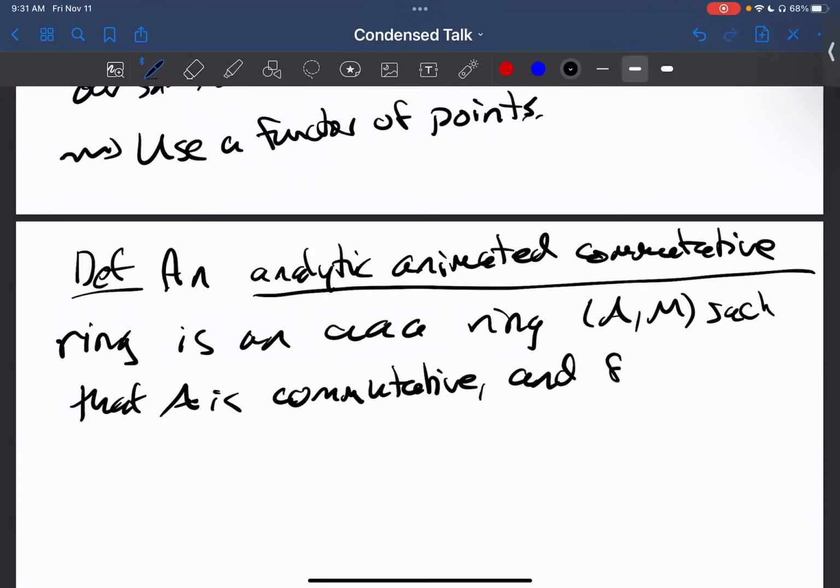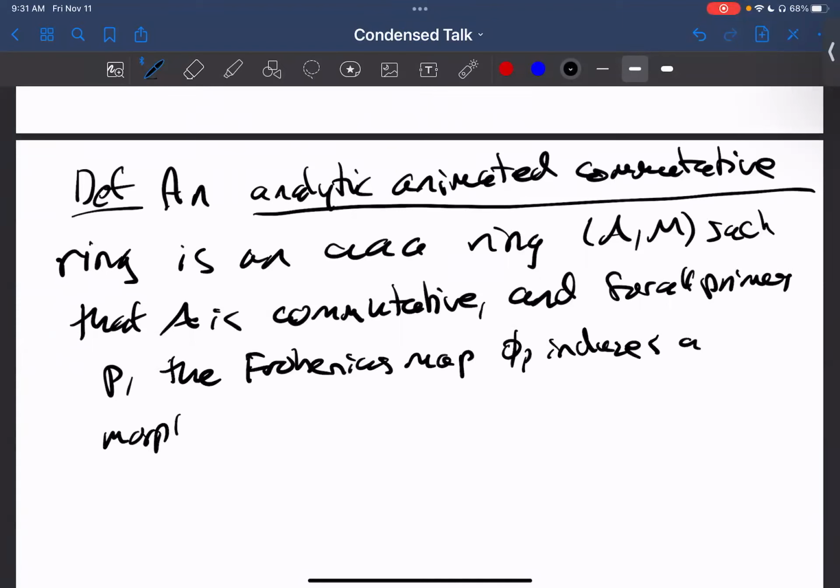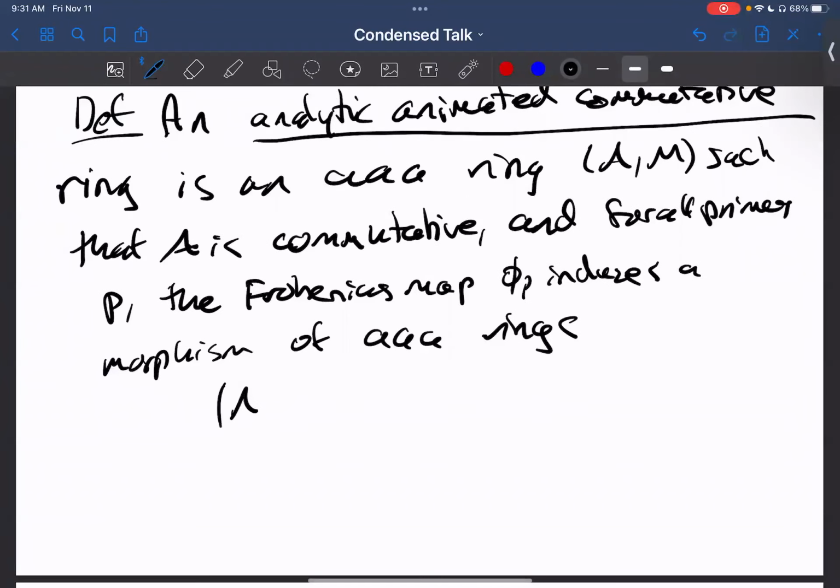And for all primes p, the Frobenius map induces a morphism of analytic animated associative rings from A, this measures M, to taking the derived quotient by p.